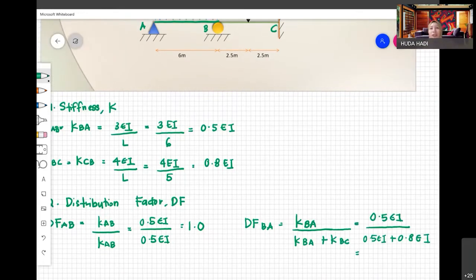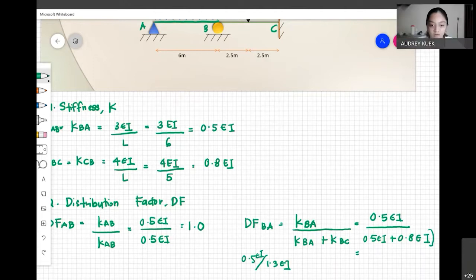Berapa? You ambil value ni 0.5, should be 0.5 divide by EI kan. Ni you kena campur dulu tau. Okay. Be careful on that. 0.385. Okay, betul. Thank you.